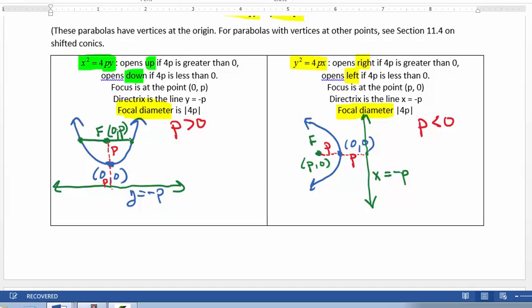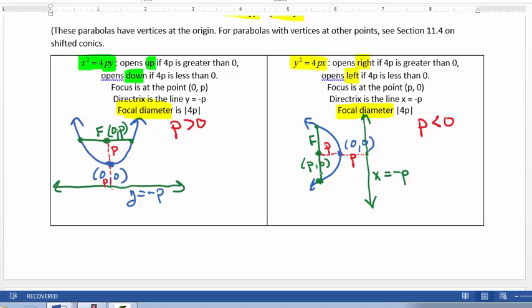So in the case on the left, that green segment there, the length of that is called the focal diameter. And then over here, this green segment would be called the focal diameter.